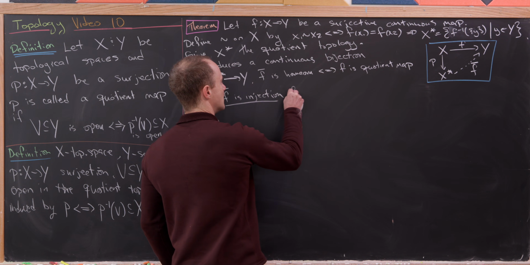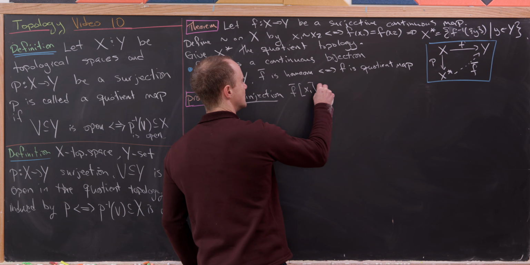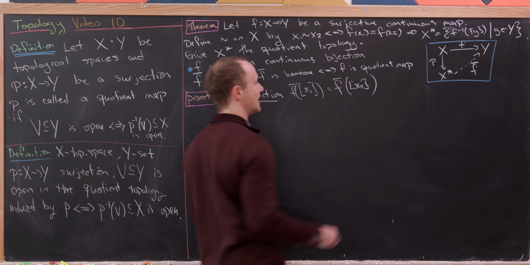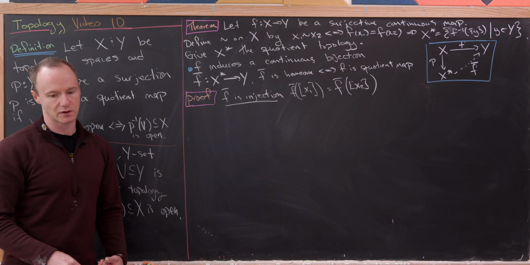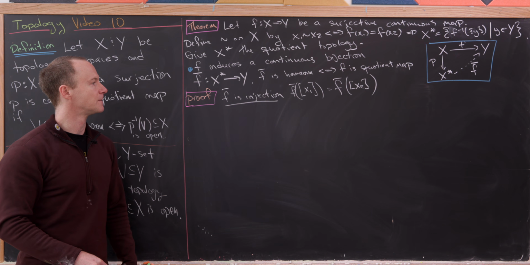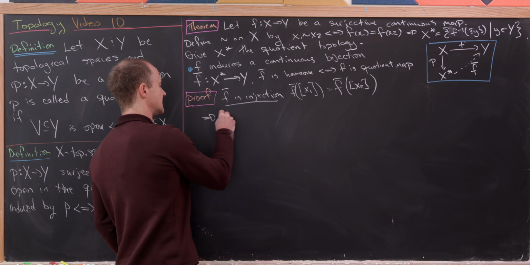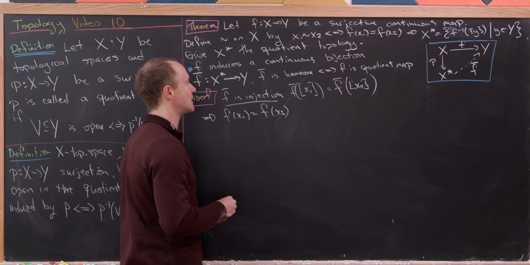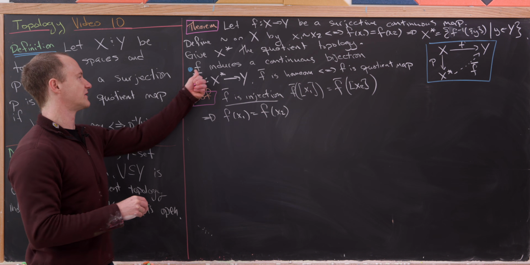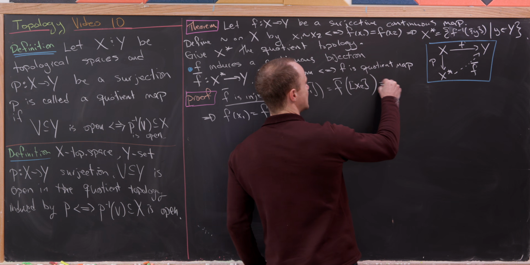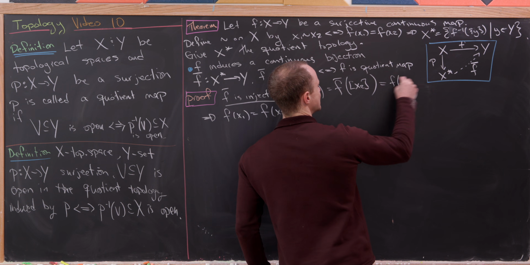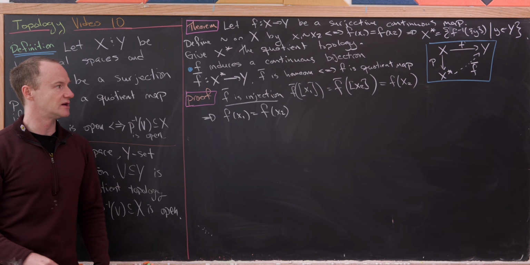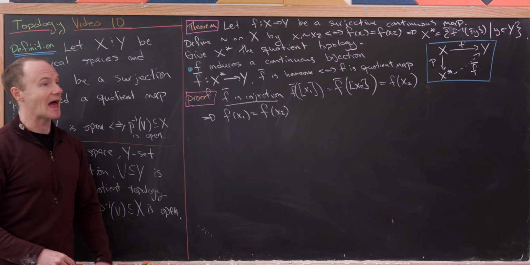So let's suppose that f bar applied to the equivalence class of x1 is equal to f bar applied to the equivalence class of x2. But then that is going to give us f of x1 is equal to f of x2. I should say this is because the induction of f to f bar means that what f bar does is it sends an equivalence class to where the original function mapped the element.